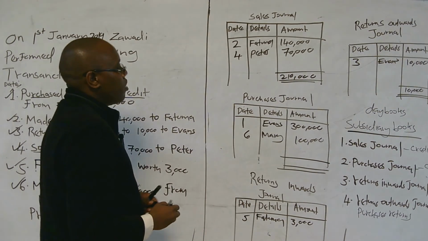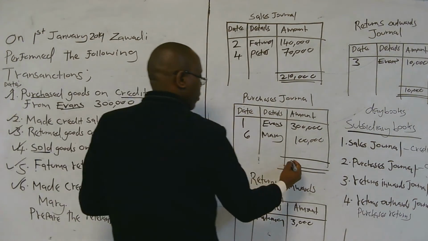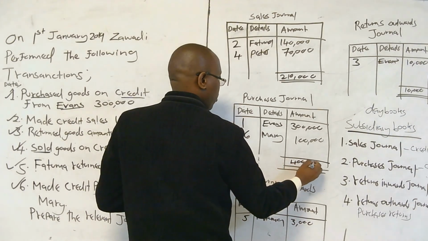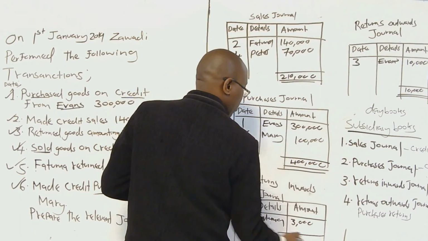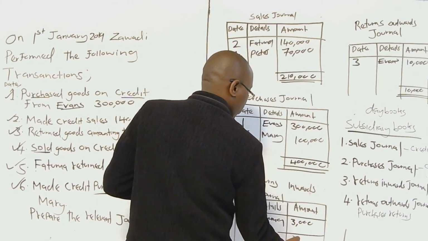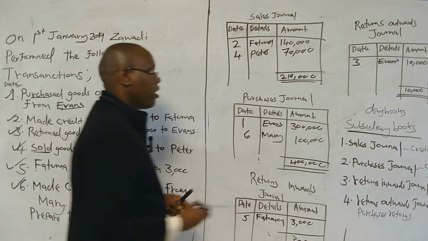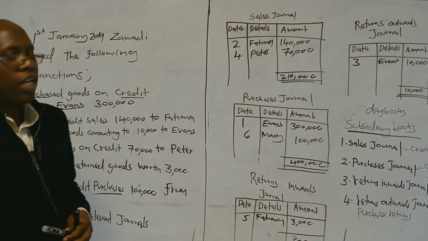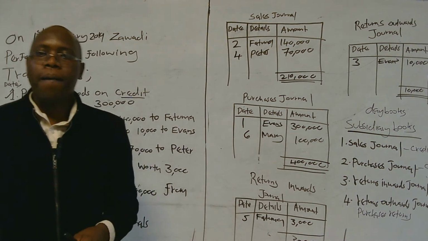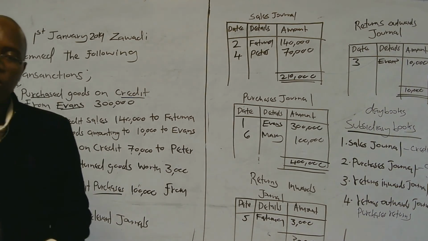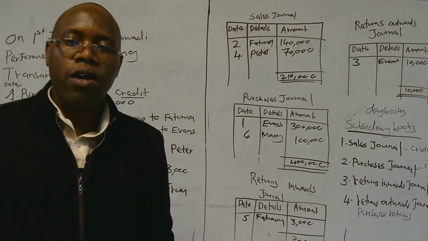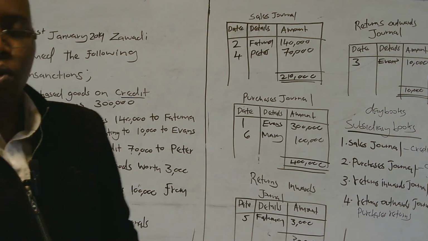And then we have this one, which is 100,000, and then the last one will be 3,000 in that manner. So that's how you prepare the journals, which we also call the subsidiary books.